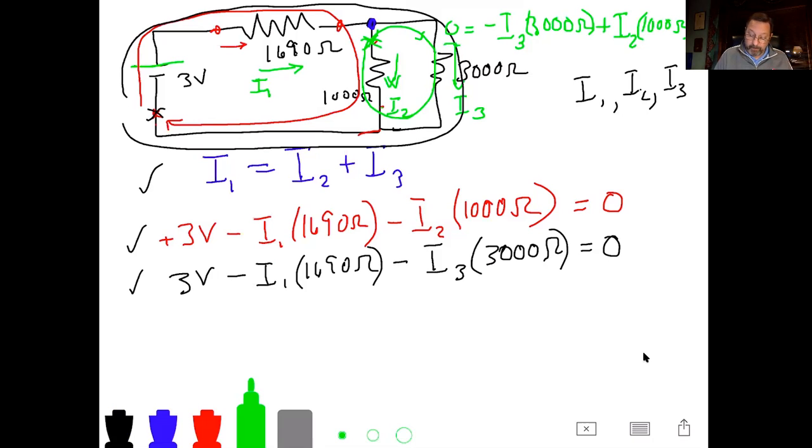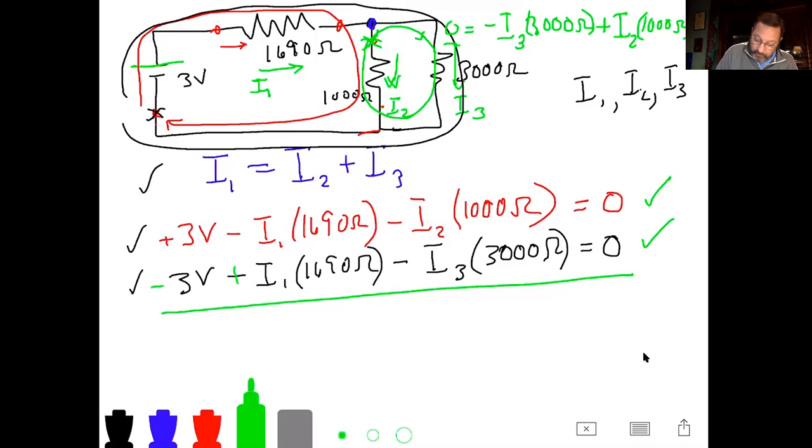Here's something I want to show you. Let's look at a linear combination of these 2 loop equations. I think the easiest thing to do is subtract the bottom equation from the top equation. So that's the same as changing all the signs and adding them, right? So this adds to 0. This adds to 0.